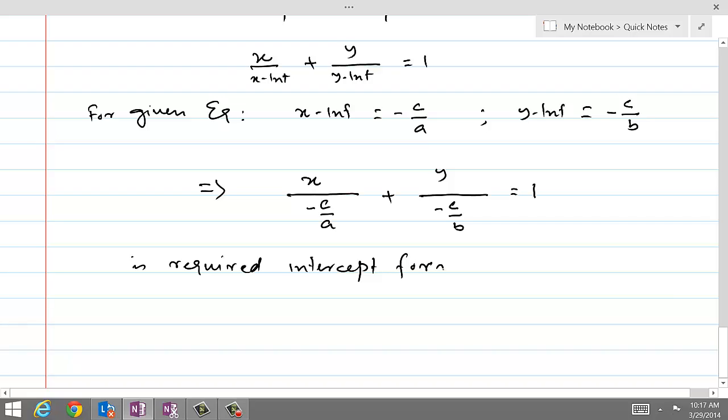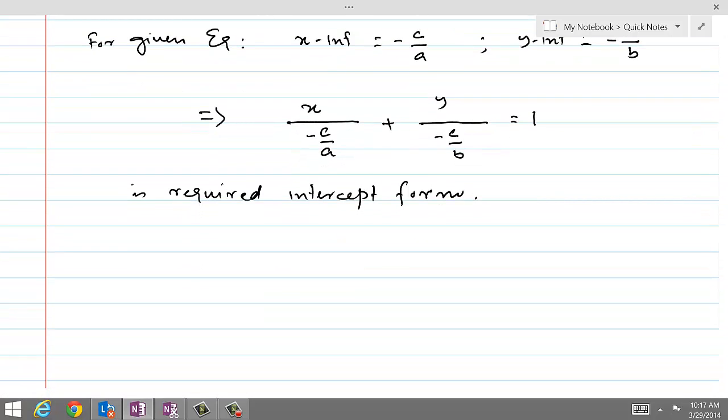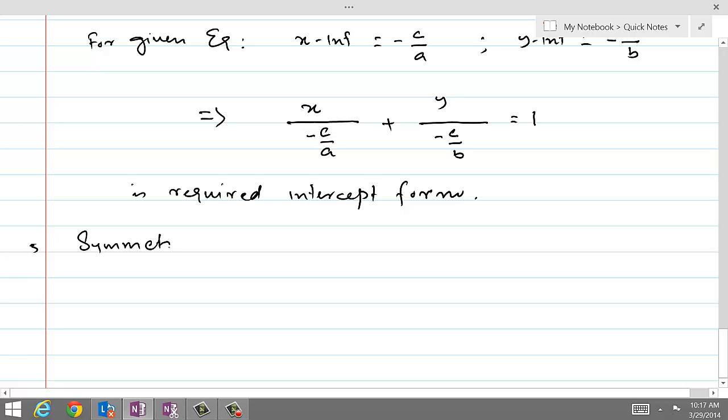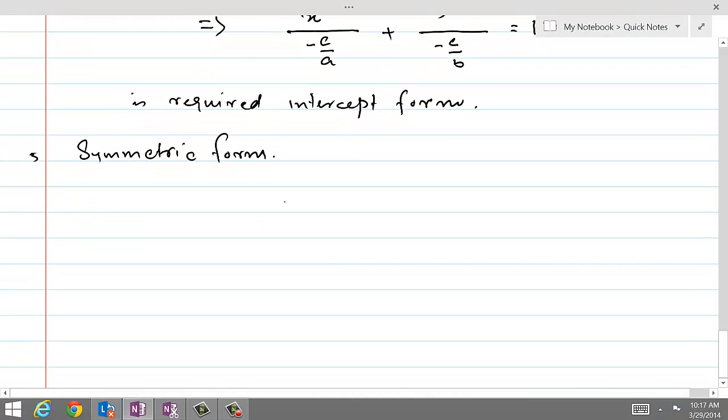And now if we want to write this into the symmetric form, that is the fifth, the symmetric form. And what was the symmetric form? The symmetric form of a straight line was x minus x1 over cos alpha equal to y minus y1 over sin alpha equal to r.